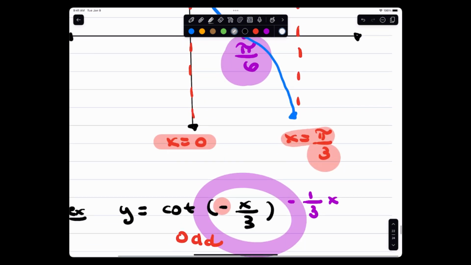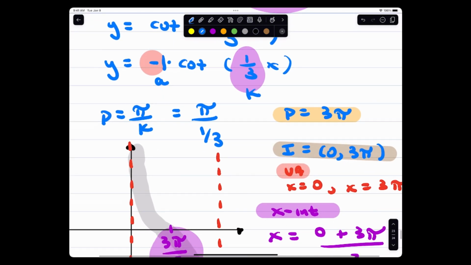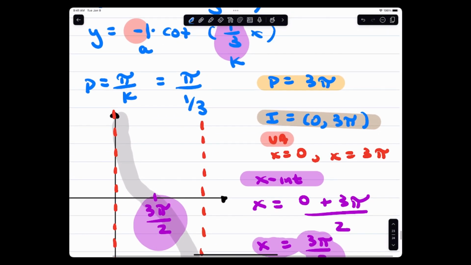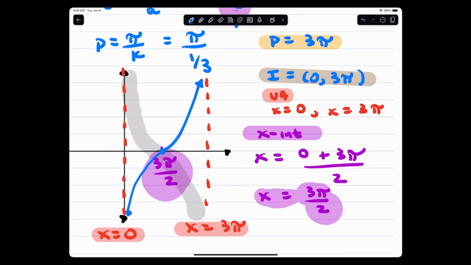Isn't that what we said right up here? But what's the opposite of that if we reflect this curve about the x-axis? What happens if we reflect this curve about the x-axis? You're going to see it go this way. It looks like the tangent curve. Okay, it looks like tangent.